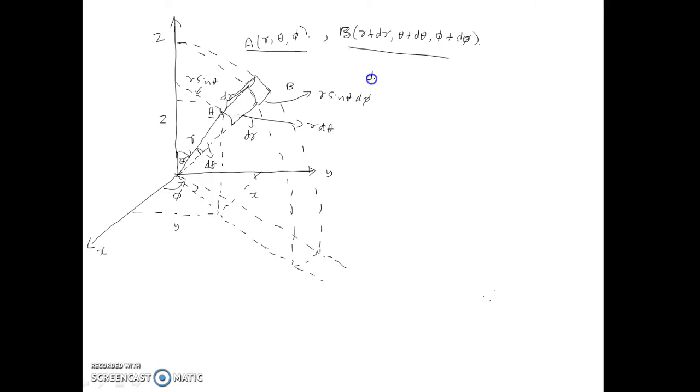Therefore the differential length elements are given by dr ar, because the displacement in r direction is dr, and the displacement in theta direction is r d theta, and the displacement in phi direction is r sin theta d phi.